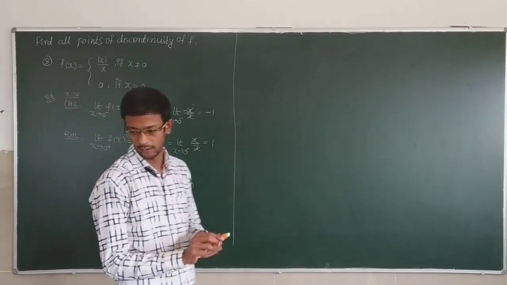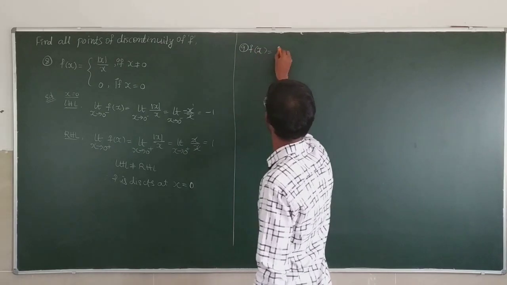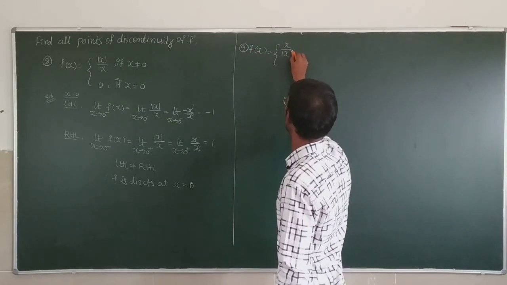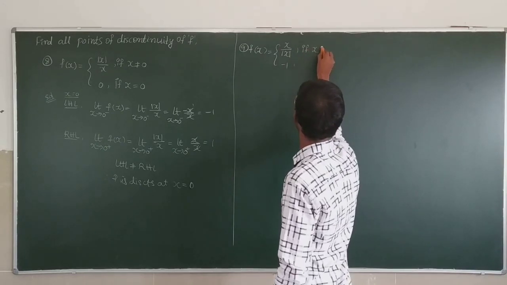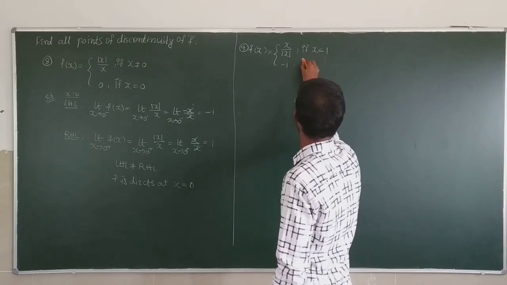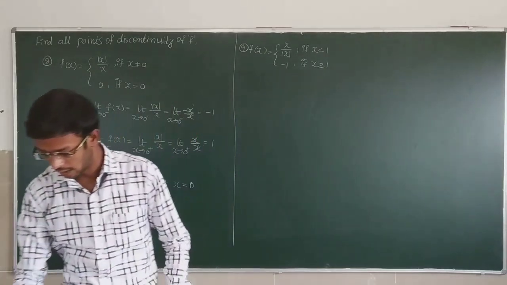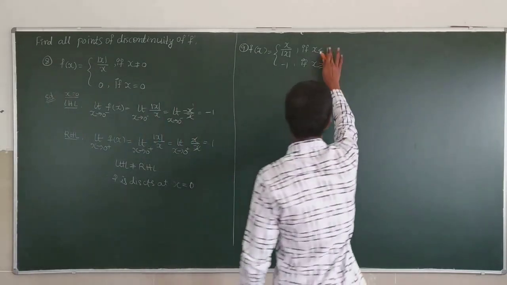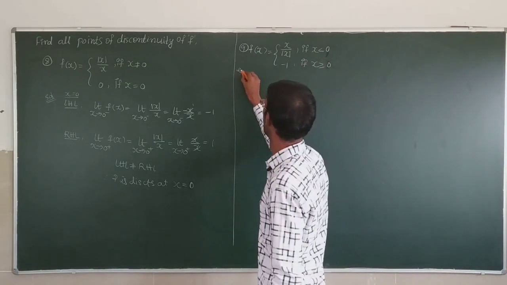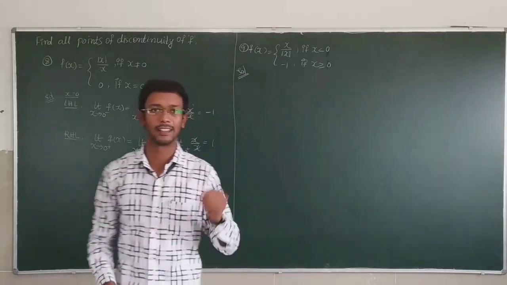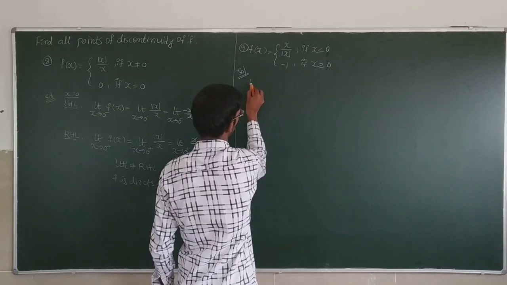Next, problem number 9. f of x is equal to x by mod x if x is less than 0, 0 if x is equal to 0, and minus 1 if x is greater than 0. The solution is the same; less than and greater than are there. The LHL and RHL we have to find at x is equal to 0.